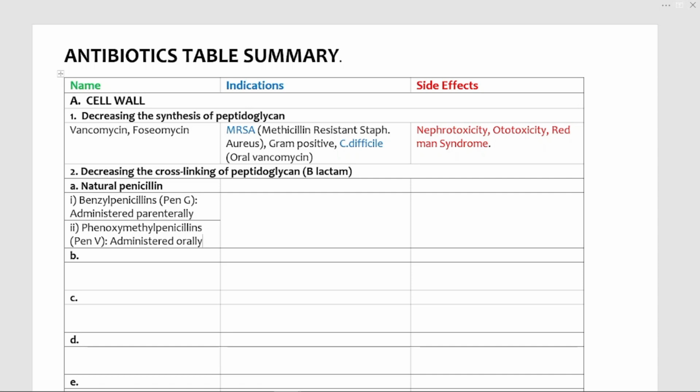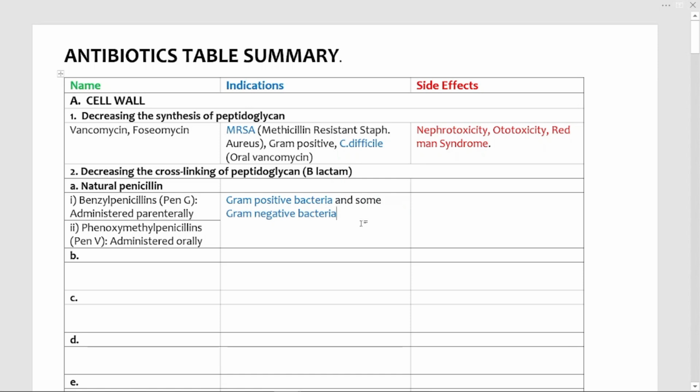Now these natural penicillins are very much effective against gram-positive bacteria, but they can also be used against some gram-negative bacteria. So that's the indication of using natural penicillin.